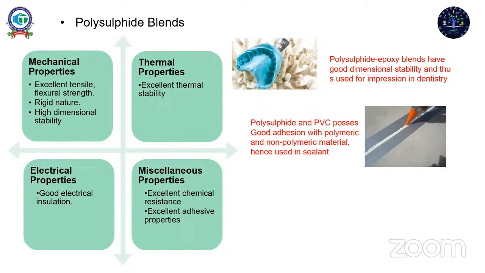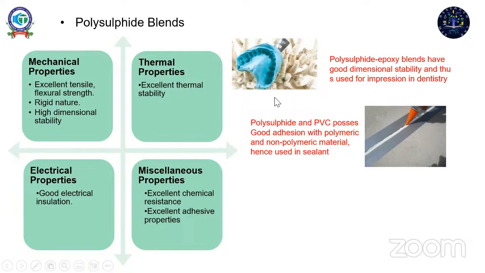Talking about the adhesive properties, polysulfide blends generally have good adhesive properties. Therefore, when polysulfide is mixed with epoxy type materials, they offer good dimensional stability and are used in impression applications in dentistry, as you can see in this picture.